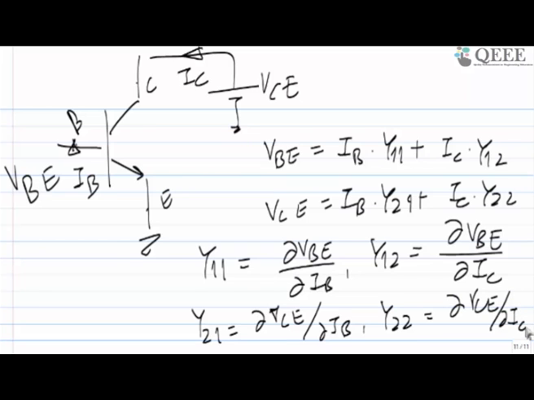So if you remember our first equation, which is this one, and IB is equal to IC by beta.